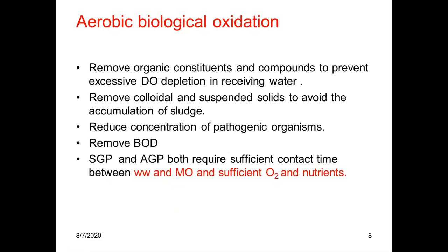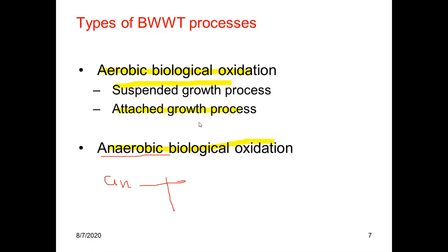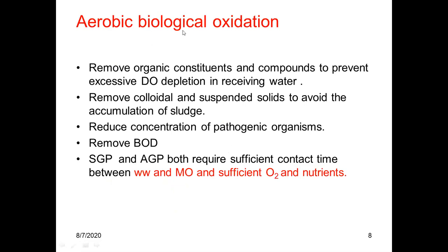So let's see what aerobic biological oxidation is. A simple example of aerobic biological oxidation is the activated sludge process. It is a suspended growth process. Aerobic biological oxidation removes organic constituents and compounds to prevent excessive dissolved oxygen depletion in receiving water.